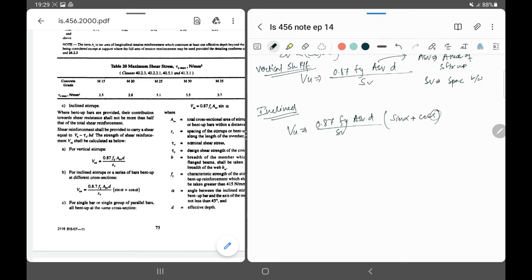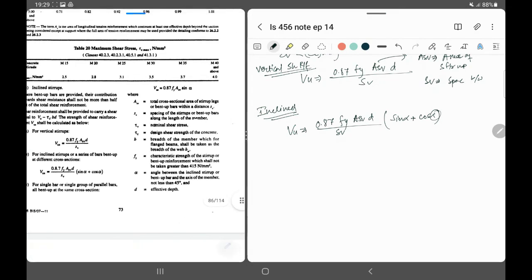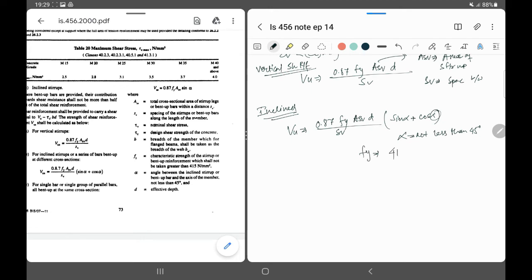Alpha is the angle of inclination. And this alpha is not less than 45 degree, and Fy is always 415 Newton per mm square, and it should not be greater than this. And d is effective depth.